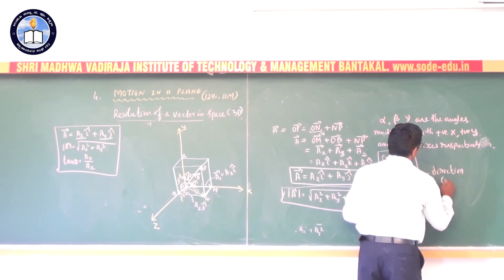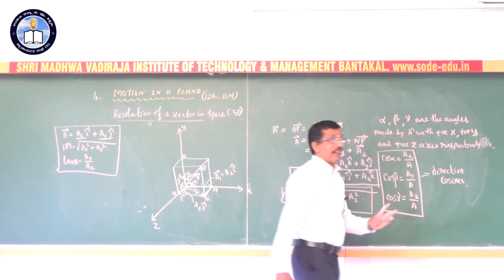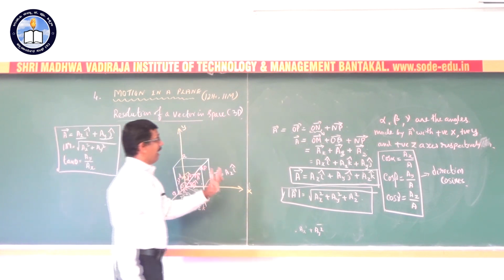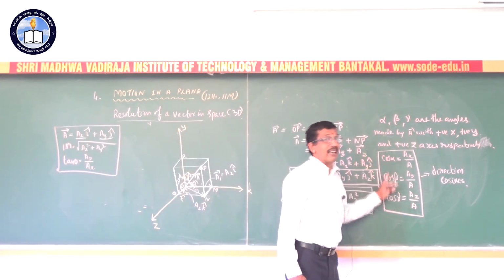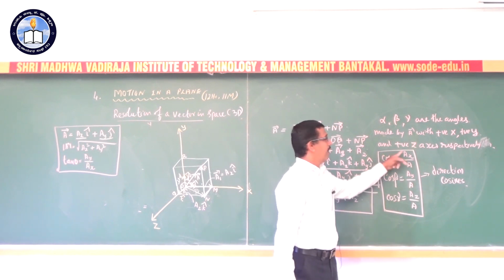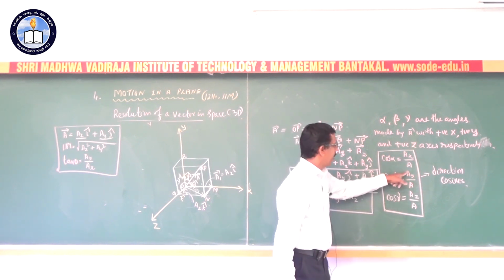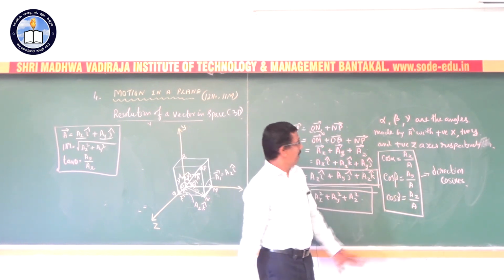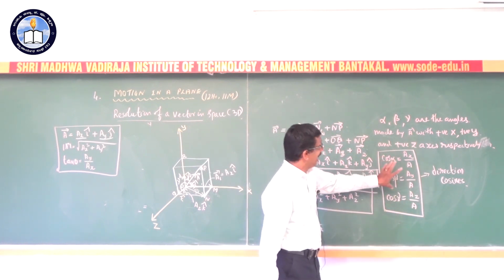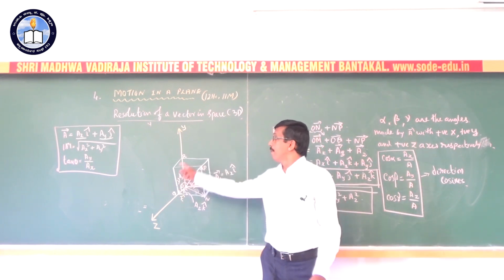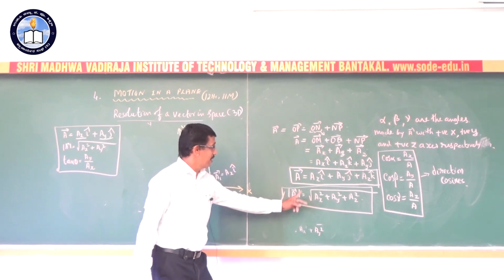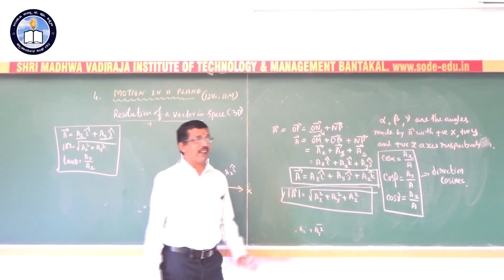So, the direction of a 3D vector is taken care of by three cosine terms: cos alpha, AX by A, cos beta, AY by A, cos gamma, AZ by A. This is about the direction of a 3D vector. This is the magnitude of a 3D vector.